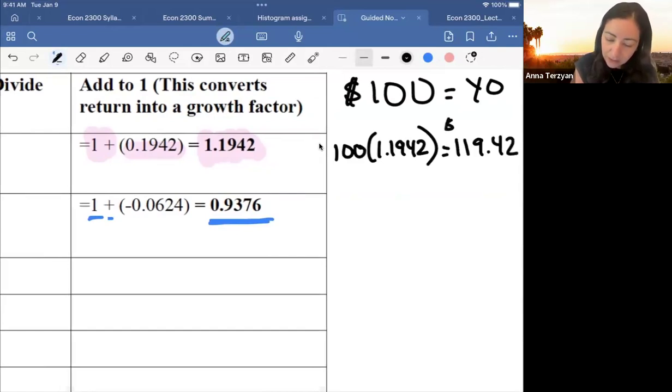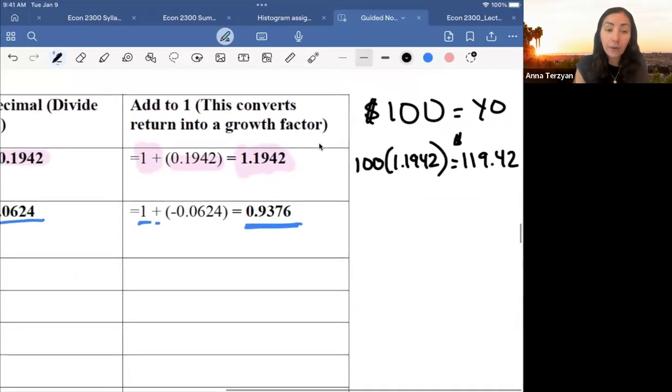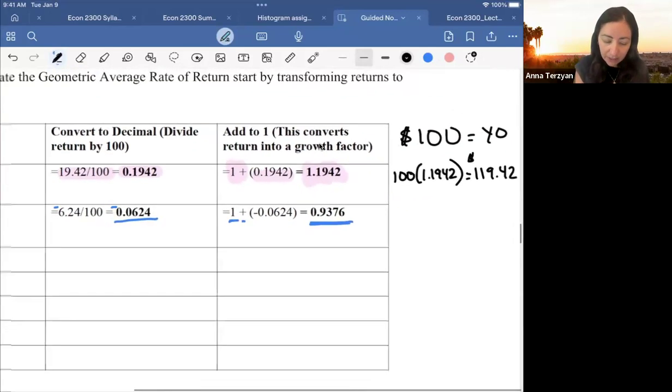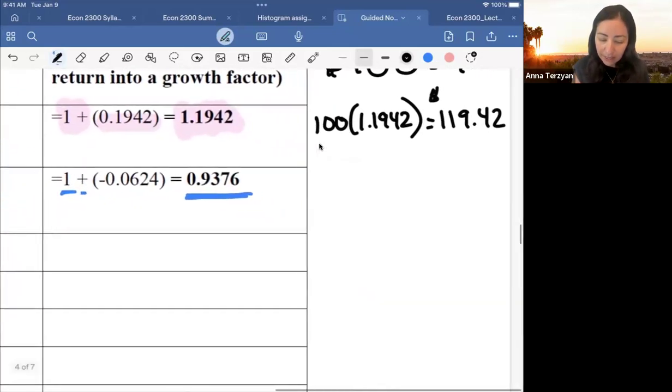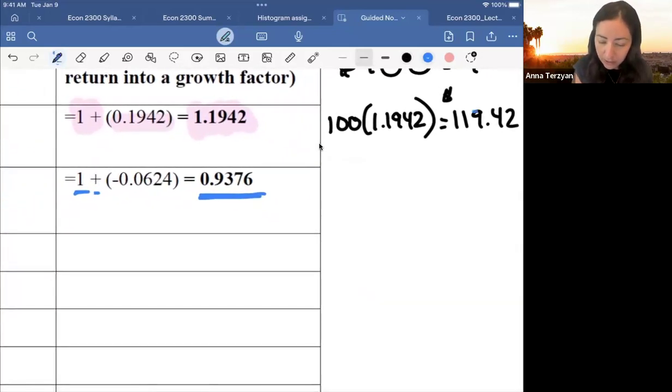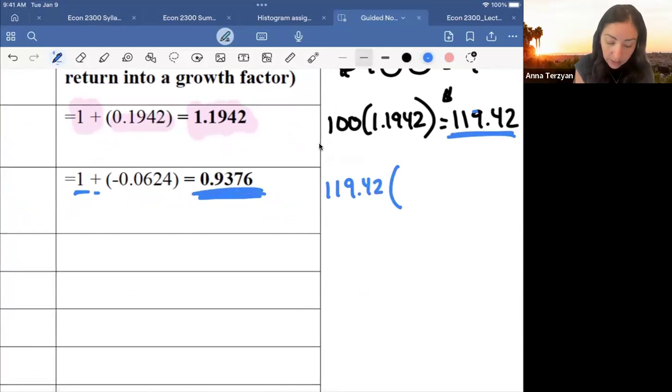So this is how much you would have in year 1. But now the next year, we lost 6%. So now you would take not 100, but you would start with this value. You would do 119.42 times this growth factor, 0.9376, which accounts for the loss of the 6.24%.